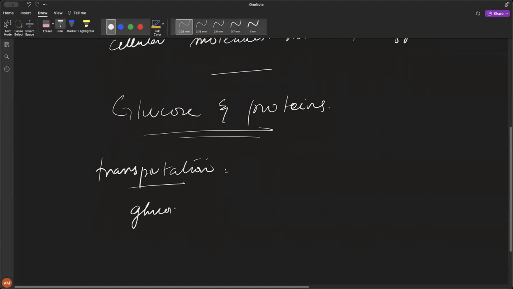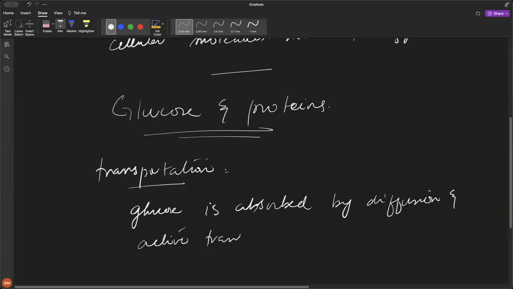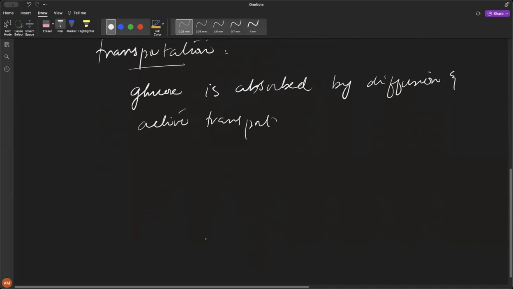Glucose is absorbed by diffusion and active transport. Similarly, the proteins are also absorbed. Basically, proteins go through the same channel as glucose. Amino acids are also absorbed in the same way.